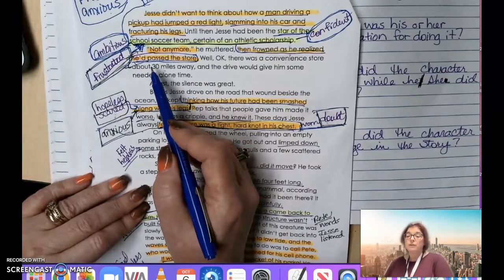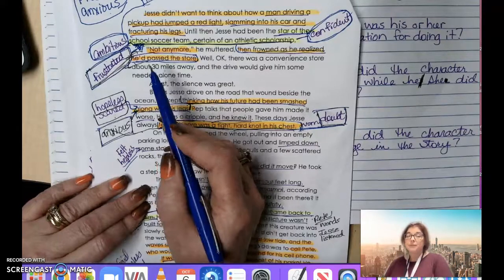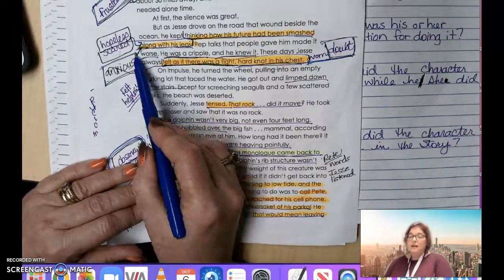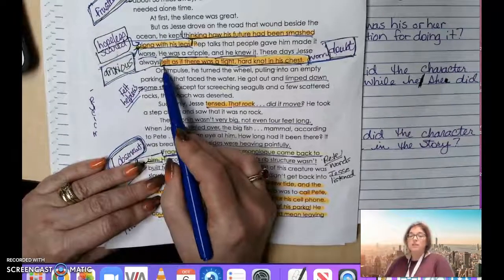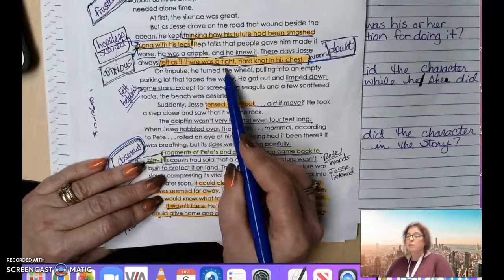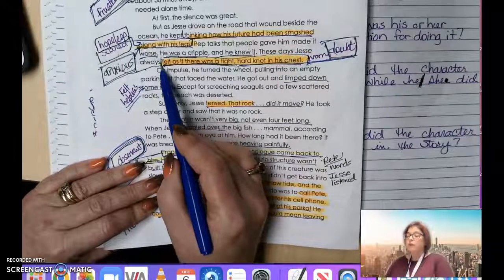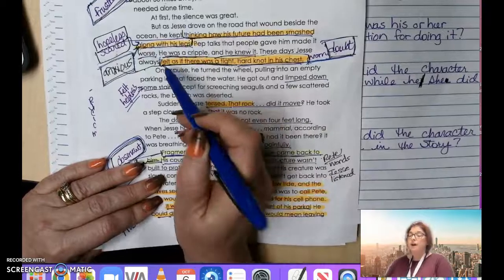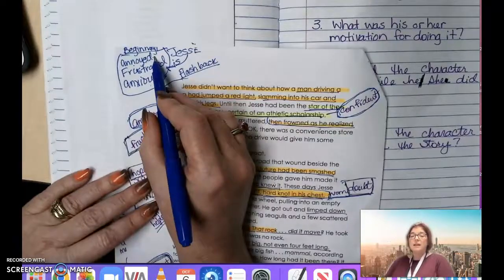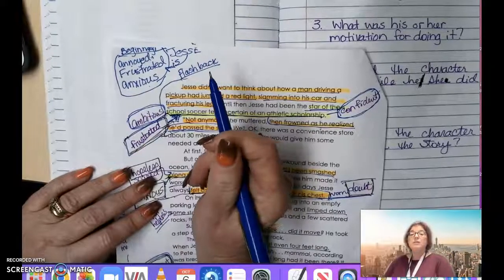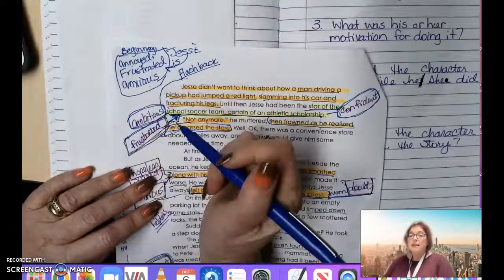He's got other things on his brain. The next thing is anxiety. He's anxious because he felt as if there was a hard, tight knot in his chest. I have given you evidence that Jesse was annoyed, frustrated, and anxious. That is how he was in the beginning.